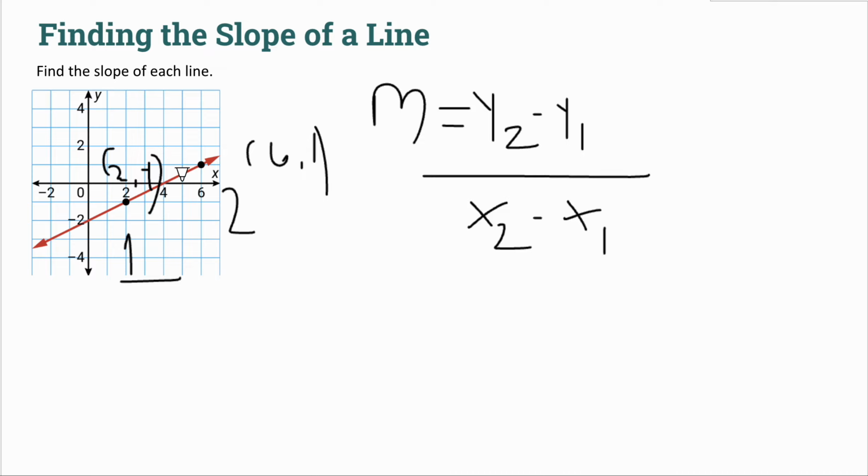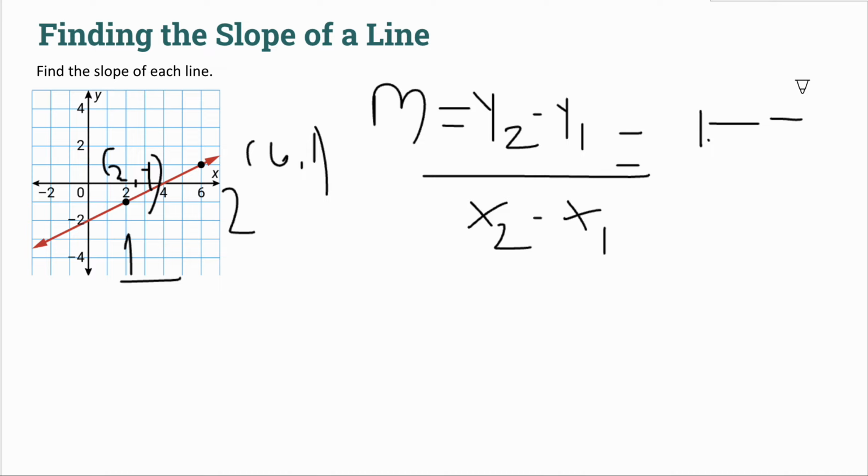My y2 is 1, minus the first y, which is negative 1.